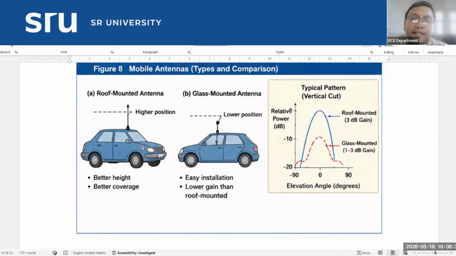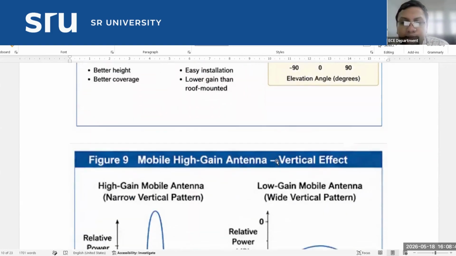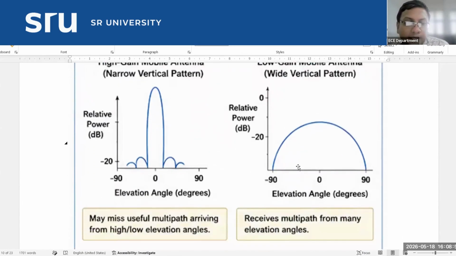If I double the height, then we will get 3 dB more gain. If I make the height half, then I will have 3 dB less gain. That is why for a roof mounted antenna, we are getting 3 dB more gain, and for glass mounted antennas, we are getting around 1 dB gain.